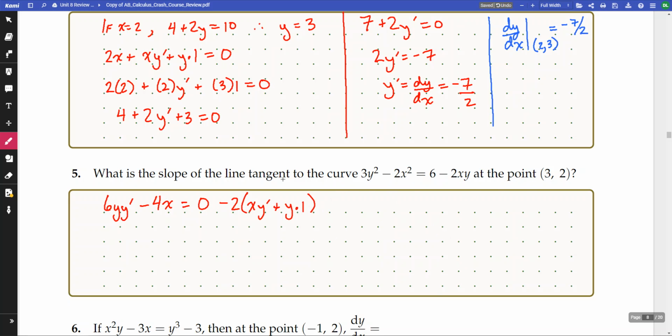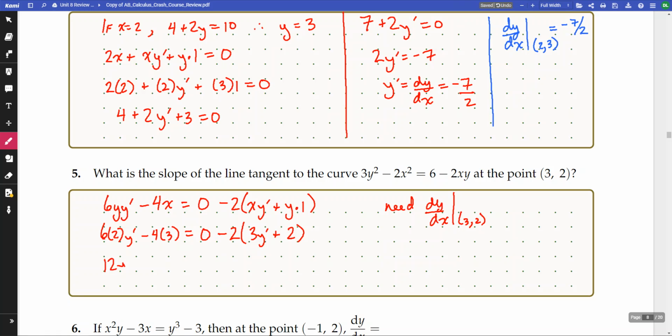And I need to find the slope of the line tangent. So really this is saying we need dy/dx at that point (3,2). So that's going to be 6 times 2 times y prime, because the y value is 2, minus 4 times 3 is equal to 0, minus 2 times, x is 3, so that's going to be 3y prime plus y is 2, so then plus 2.